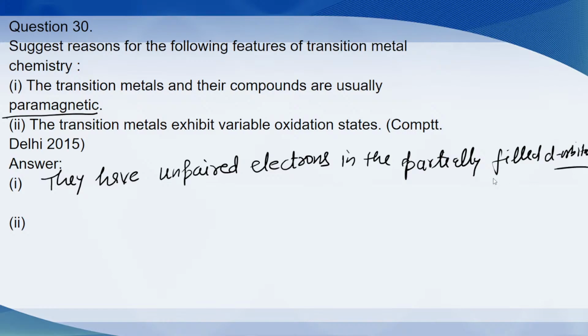Next, transition metals exhibit variable oxidation state. Why do they show variable oxidation state? Yes, beta.